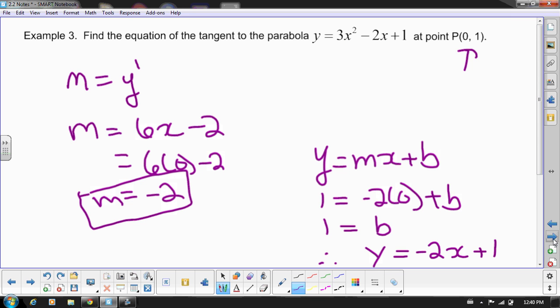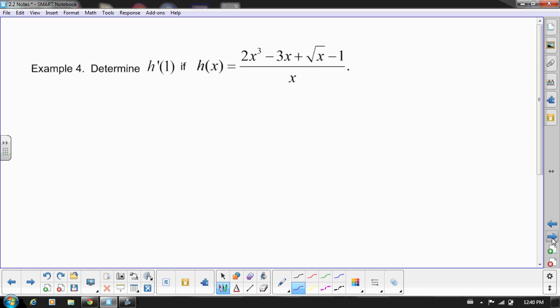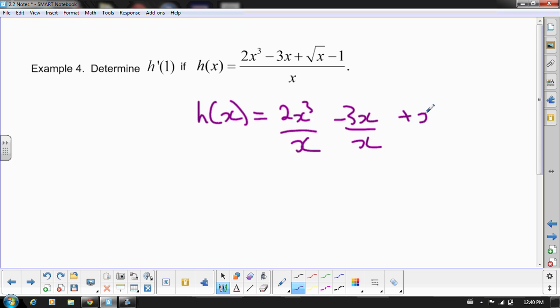I think that's the last example we have for this. Oh no, one more. So it's asking to find or determine the value of the derivative when x is equal to 1. So again, before we do anything here, I'm going to simplify this. So h of x, I'm going to divide. So basically, if I show a little step here, this is going to sort of justify a little bit more where my final exponents are going to come from.